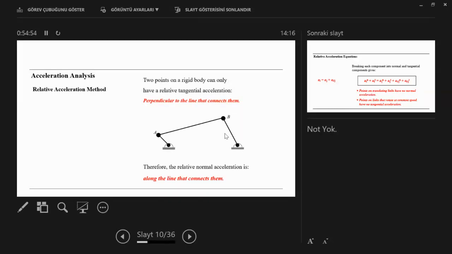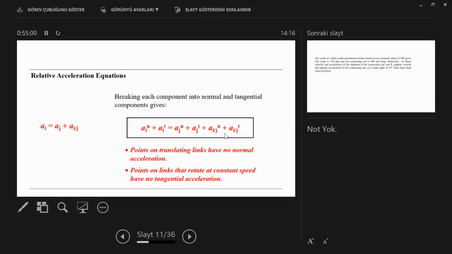Okay, so you may remember the equation for relative motion: VB is equal to VA plus VBA, isn't it?